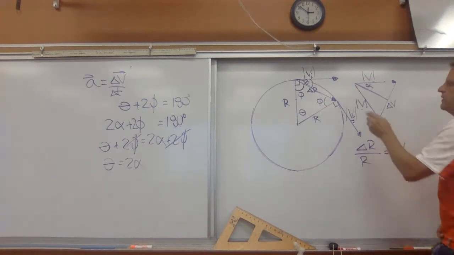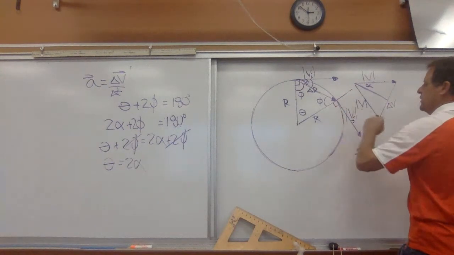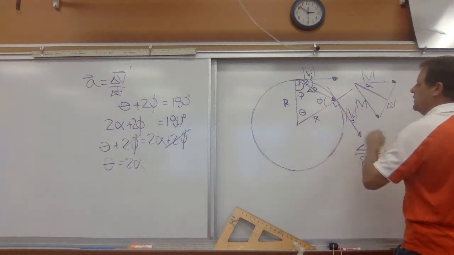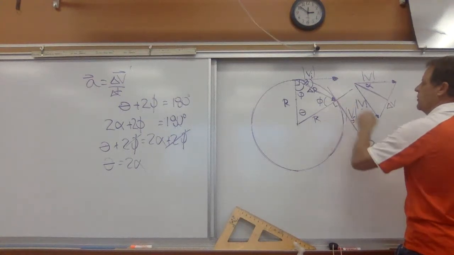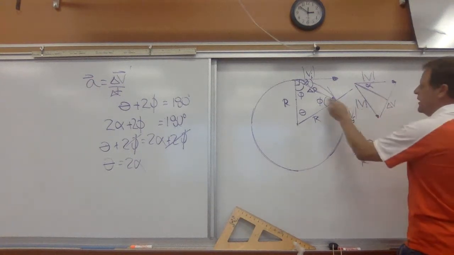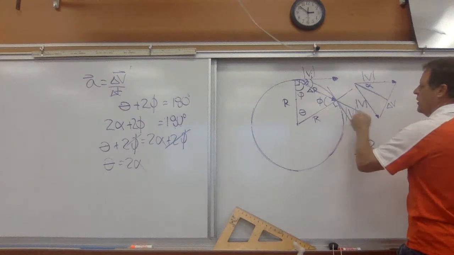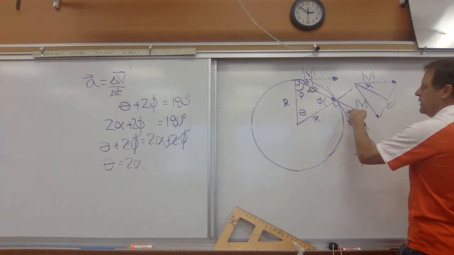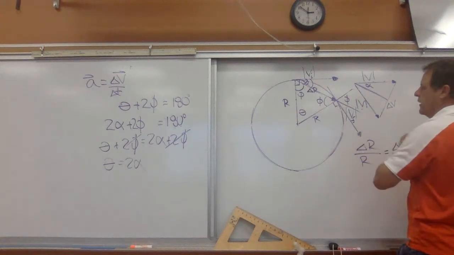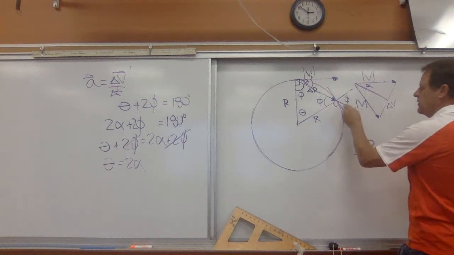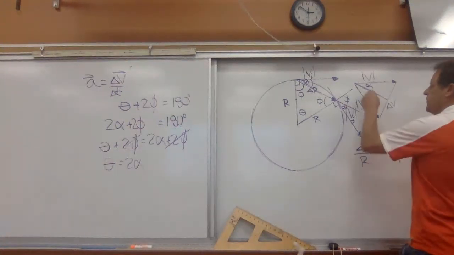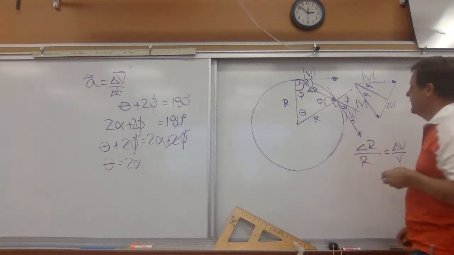And what's perhaps harder to see is that we can have alternate interior angles here. So this would be phi, but then this would be alpha.